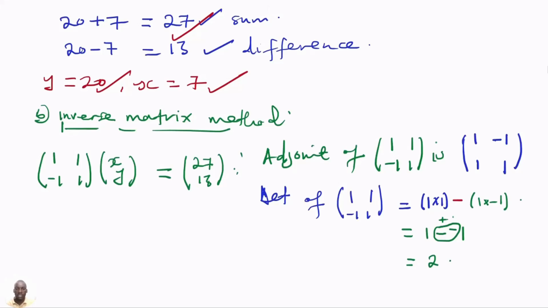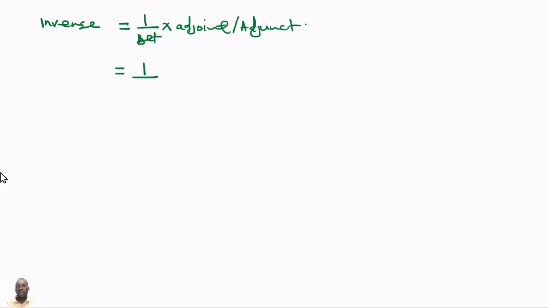Then from here, we need to get the inverse of a matrix. So inverse of a matrix equals to the 1 divided by the determinant of the matrix multiplied by the adjoint or adjunct. So it can be adjoint or adjunct. So in here, the inverse of the matrix is going to be 1 divided by our determinant, which is a 2, multiplied by our adjoint, which is 1, negative 1, 1, 1.